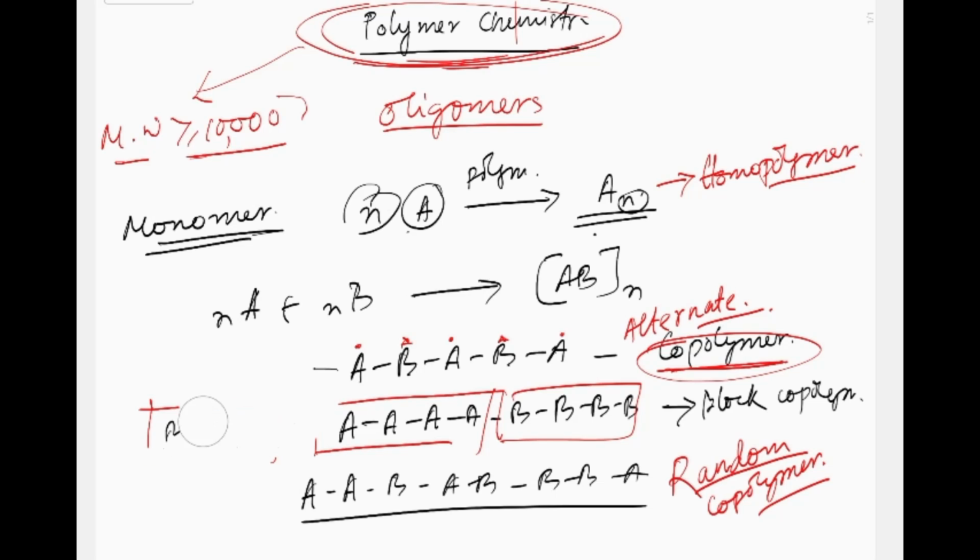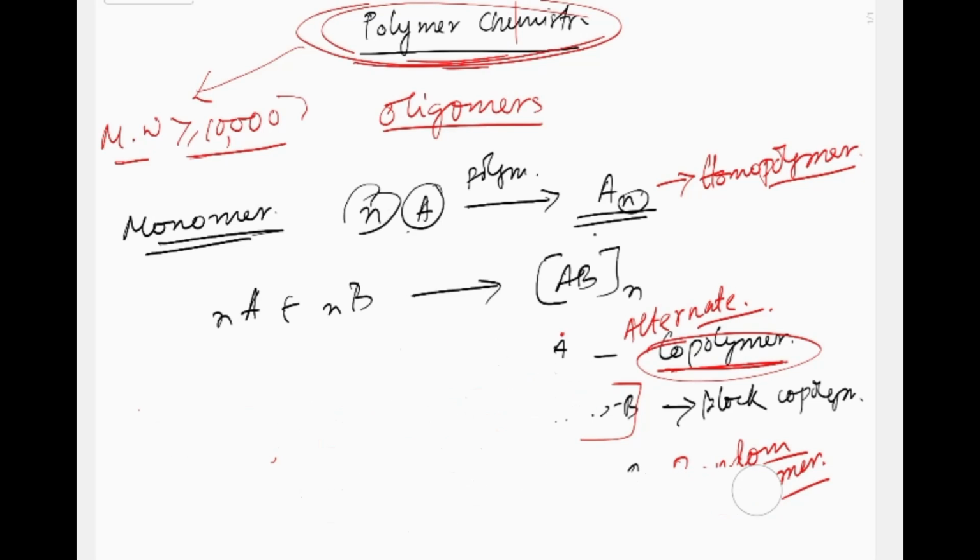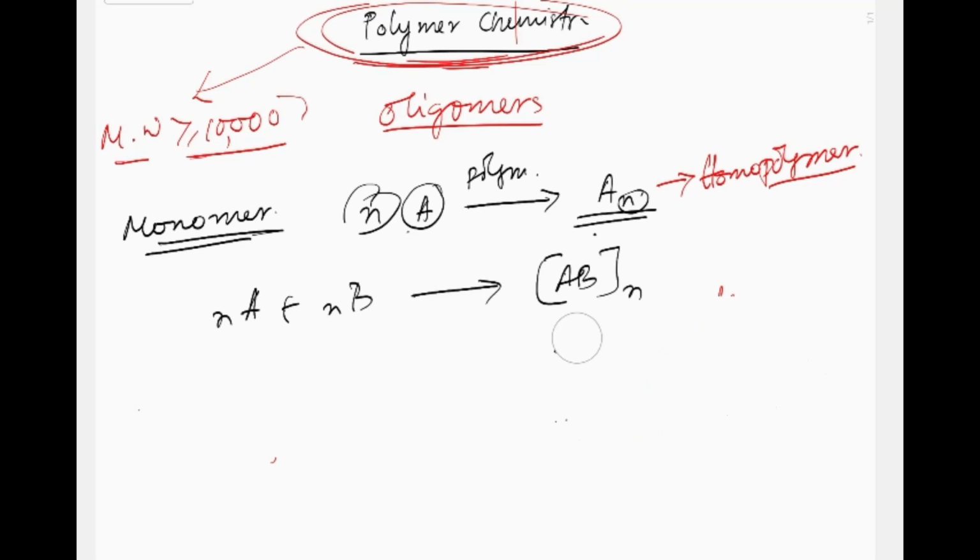There is also branching, maybe branching can also be possible, that is another classification, the branched copolymer, where we have A, B, suppose A, B and going on, but with B another A or B is also going down. There's also maybe another A, B going as a branch.